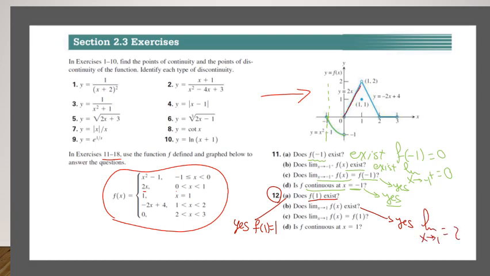As you approach from the negative and the positive, you meet the function at 2. Is the function equal to the limit? No, the function is not equal to the limit, because the function is equal to 1 and the limit is equal to 2. So is it continuous at x equal to 1? No, it's not continuous, or we can write that it's discontinuous at x is equal to 1.